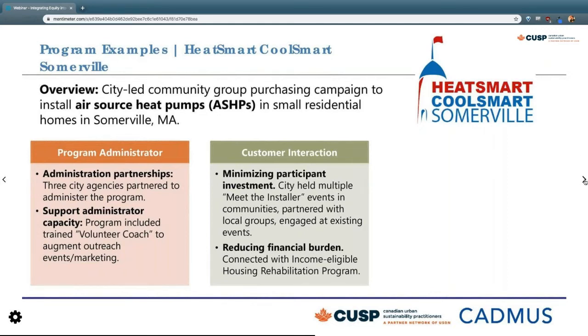And then the second piece, which Farah had mentioned earlier, is the financial burden. So how do you minimize the financial burden, and particularly the upfront cost of engaging with these types of programs? Air source heat pumps in particular have a high upfront cost. And through the HUD grant that I mentioned earlier, the program was able to offer a 0% interest loan for up to $25,000 for 7 years.